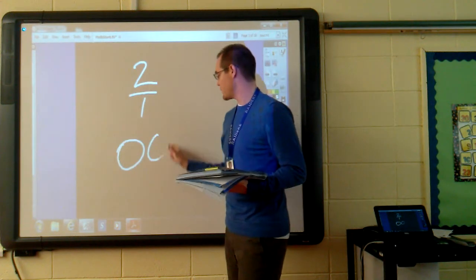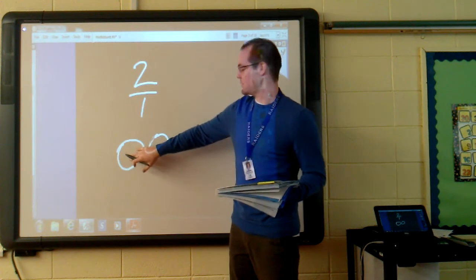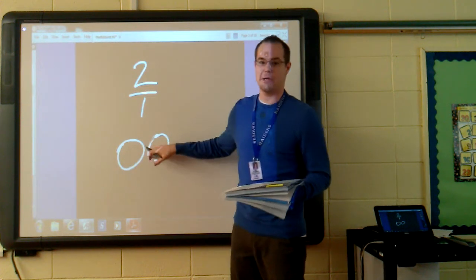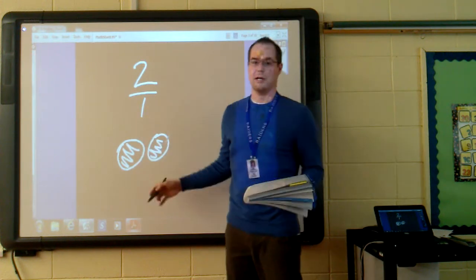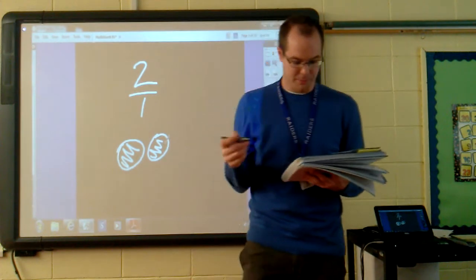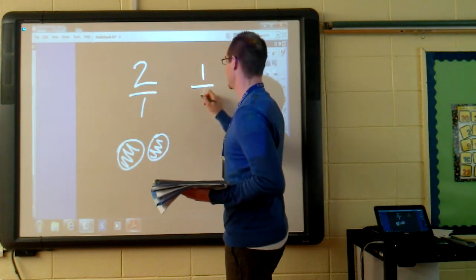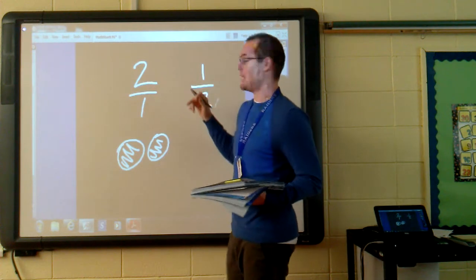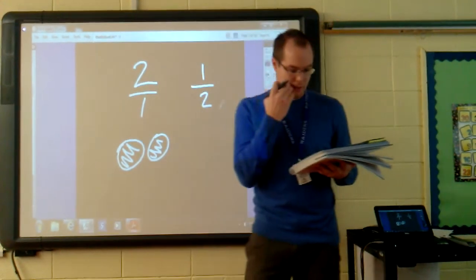Because if we have two whole circles, how many parts are these circles split up into? Well, 1, and there are 2 of those 1 parts shaded. So 2 over 1 is equal to 2 as a whole number. The reciprocal of this number then is, when we invert the fraction, we flip the numerator into the denominator. 1/2 is the reciprocal of the whole number 2.